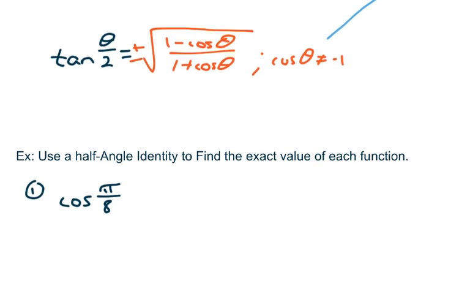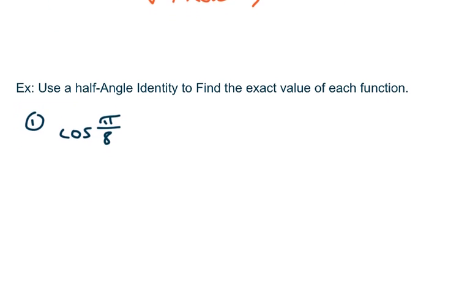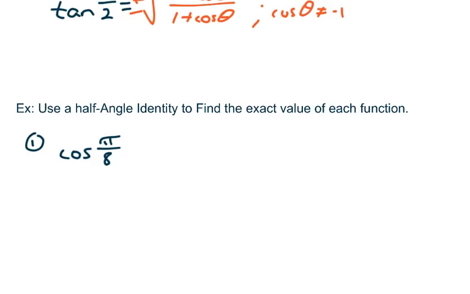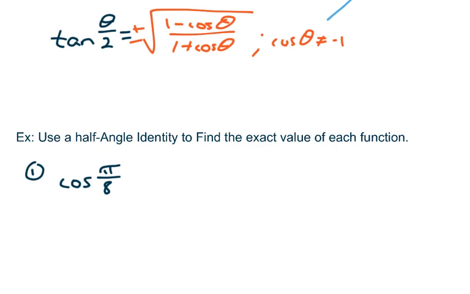Okay, so before we just go plugging things in, we might need to figure out what our angle measure is. We're basically going to take this angle and double it, because to figure out our theta, we originally were dividing by 2. So if pi over 8 is equal to theta over 2, then it makes sense that if we multiply both sides by 2, that would give theta by itself.